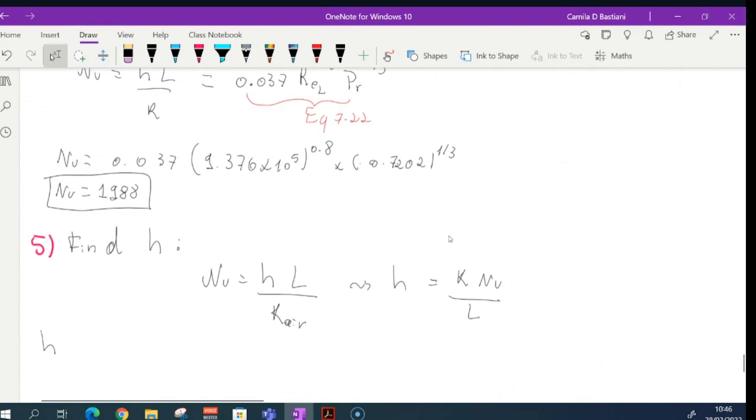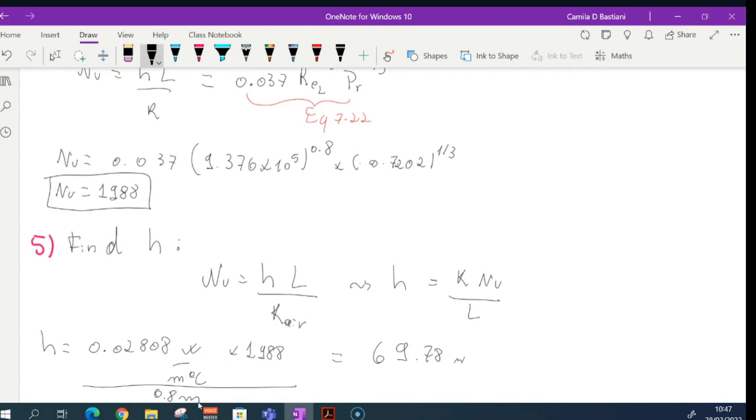So my heat transfer coefficient is my conductivity that we read in the table, 0.808 watts per meter degrees Celsius, multiplied by 1,988, divided by 0.8 meters. My heat transfer coefficient is going to be 69.78 watts per meter squared degrees Celsius.